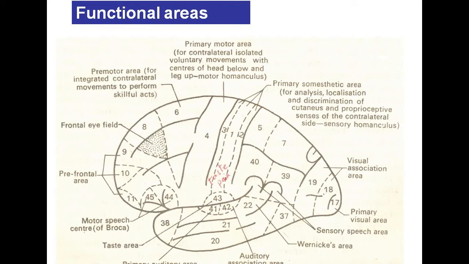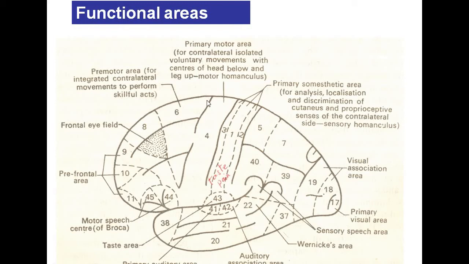The primary motor area is identified on the basis of elicitation of motor responses. These are the areas which give origin to the corticospinal tract.